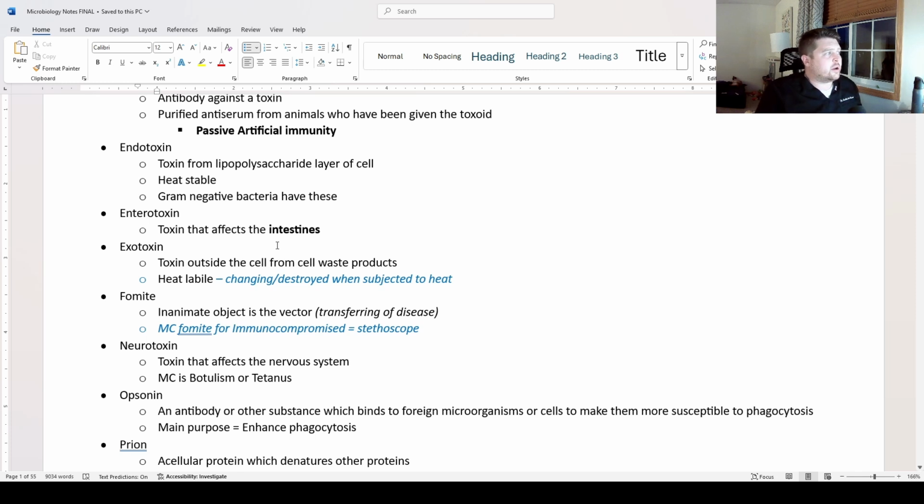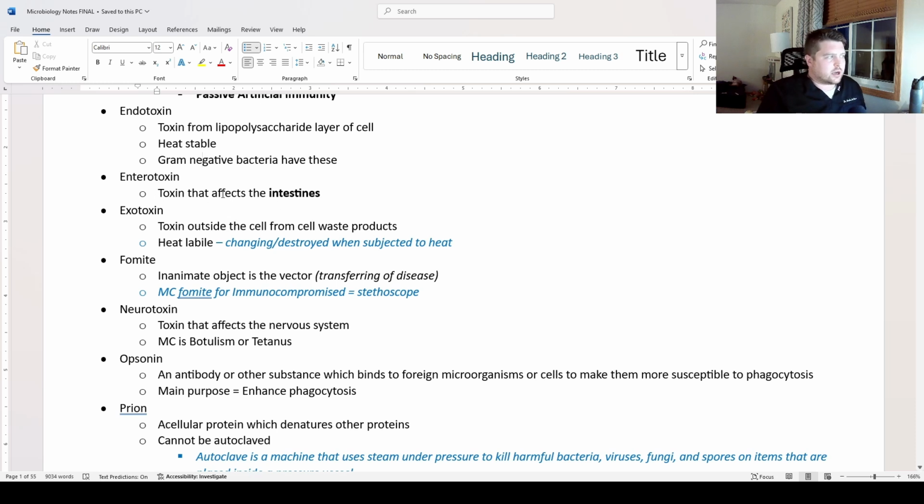Endotoxin, we'll talk about endotoxins a couple of different times. This is a toxin from a specific layer of the bacterial cell known as the lipopolysaccharide layer. That's going to come back. These are seen in gram-negative bacteria, and they are heat stable, meaning that heat does not usually destroy this type of toxin.